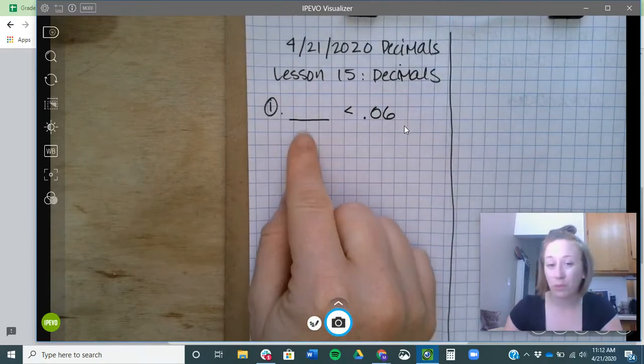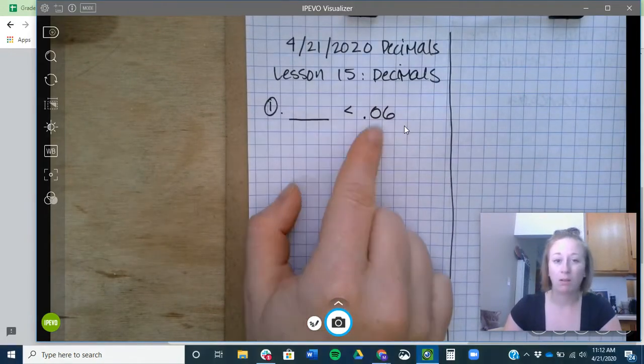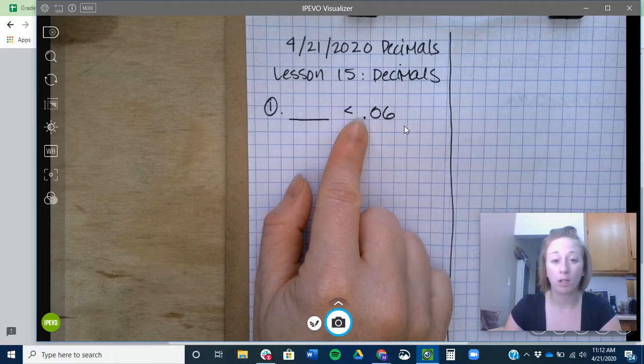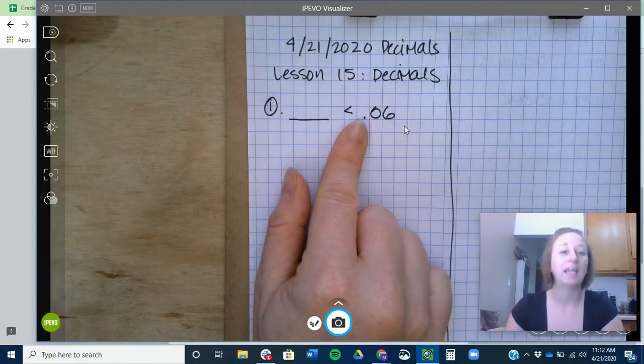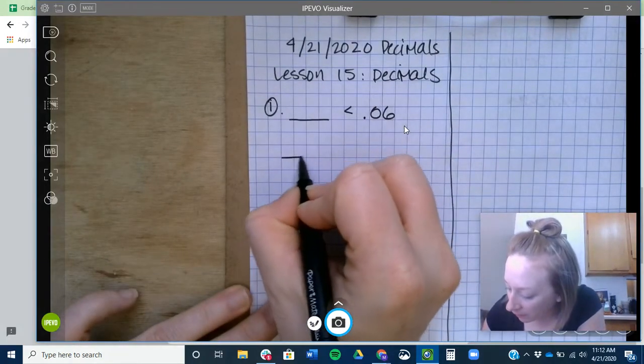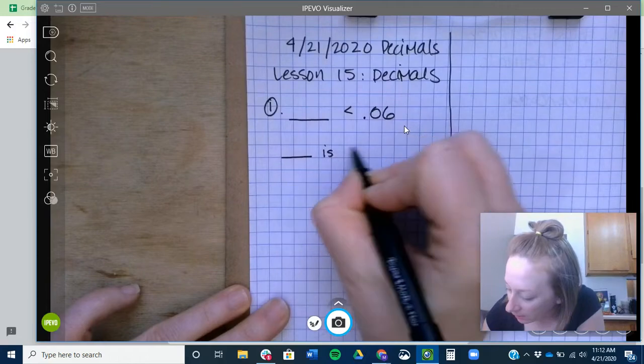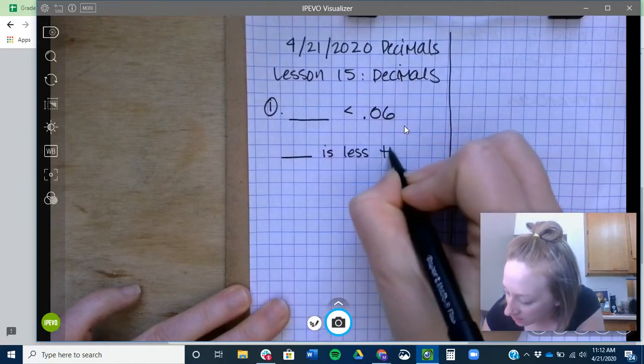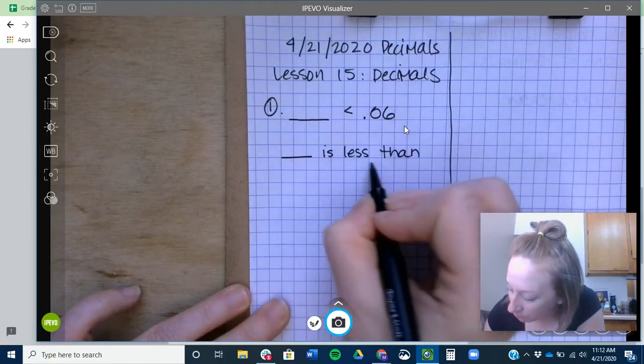So we know that we don't know the value that we're missing. Well, we should write the symbol in words. So what is the symbol? You're right, it's less than. So when we rewrite it, leave your blank, then write is less than.